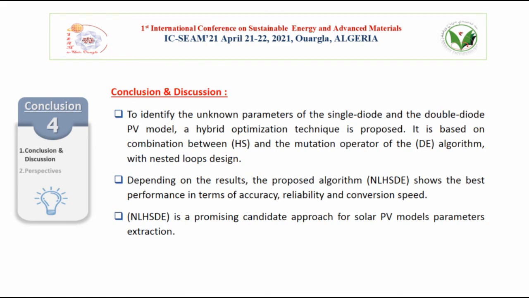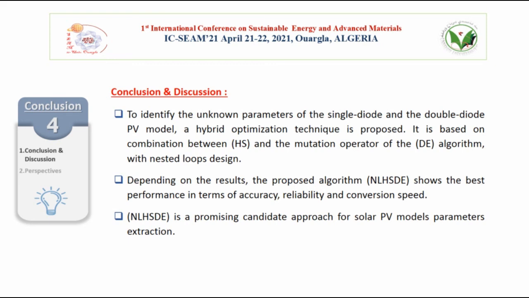As a conclusion, we can say that to identify the unknown parameters of the single diode and double diode models of the photovoltaic system, a hybrid optimization technique is proposed. It is based on a combination of harmony search and the mutation and selection operators of differential evolution with nested loops.